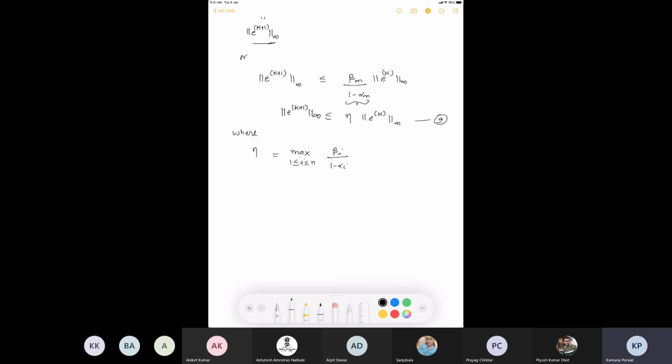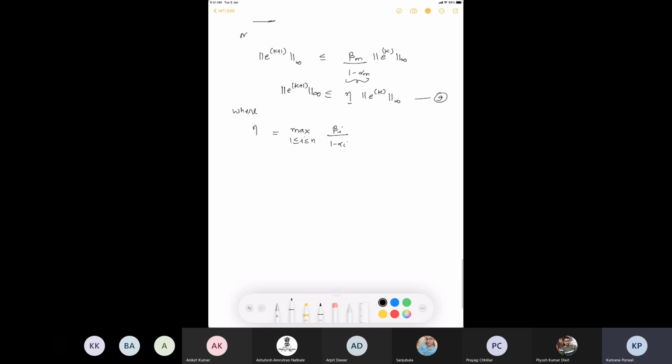So if you just try to compare it with the Gauss-Jacobi method, we got a similar equation there, but instead of the eta, we had a mu there, right? So now I'm claiming that my convergence is going to be faster in the sense that this parameter is going to be small, right? So let's see whether this is actually smaller than mu or not.